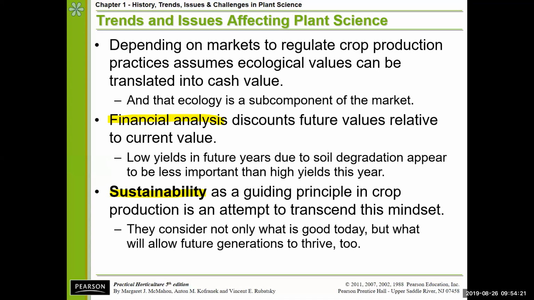We also have the issue of financial speculation and analysis. This is mostly for our commodified and subsidized crops. But we also have to think about new crops, like we were talking about hemp last week. It's starting to emerge as a crop on the financial analysis markets.